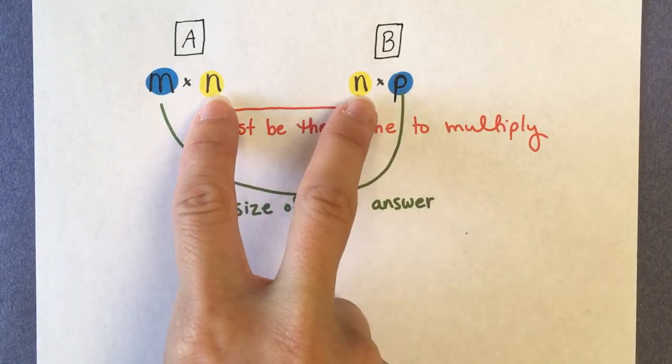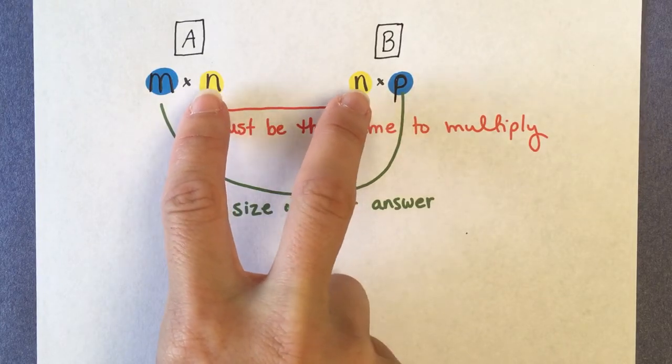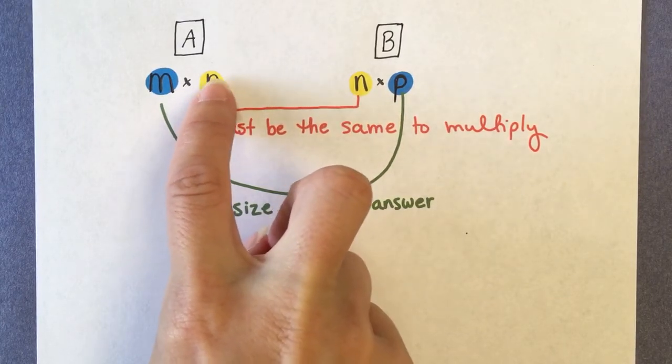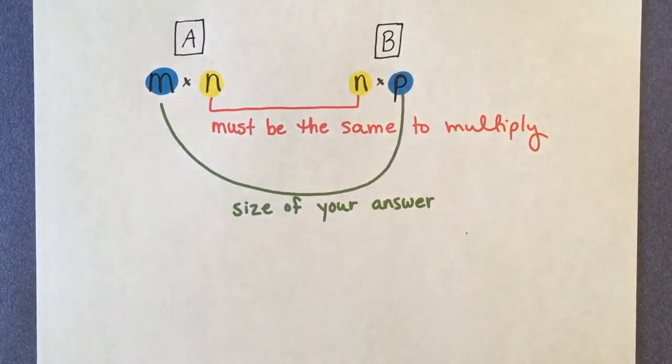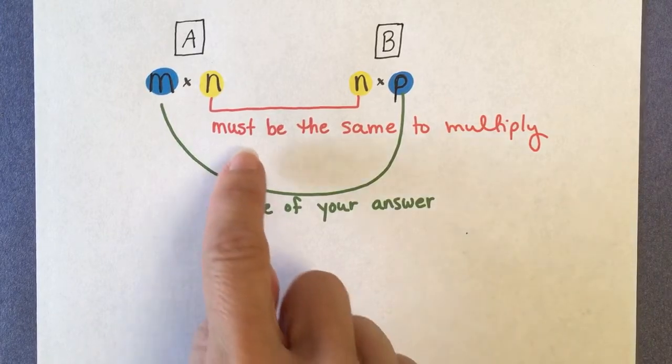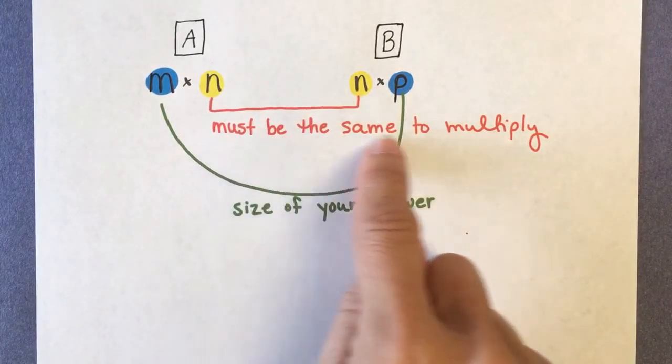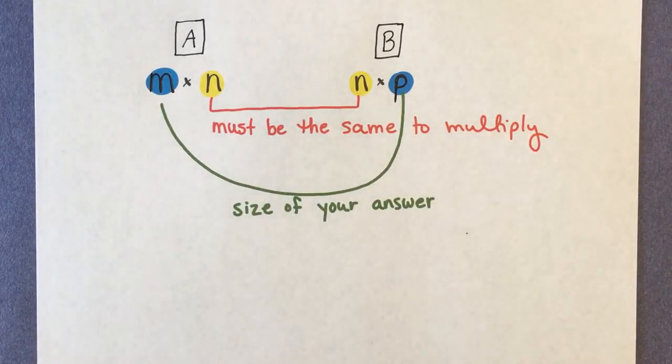Now you'll notice here I've used the same variable on, this would be your rows and this one would be your columns, okay? I've used the same variable because, as I've stated, those must be the same in order to multiply.